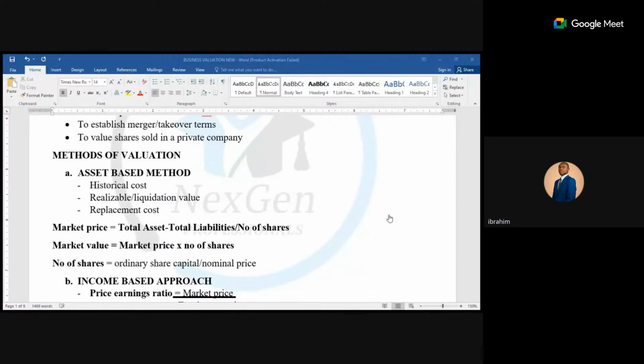So the total assets minus the total liabilities divided by the number of shares gives the market price that you can pay for that particular business, either for a merger, acquisition or disposal.